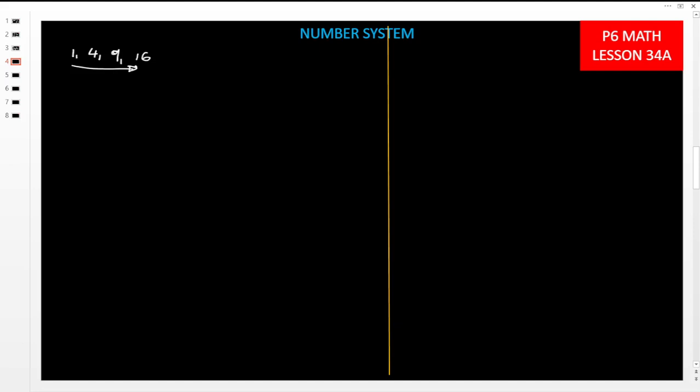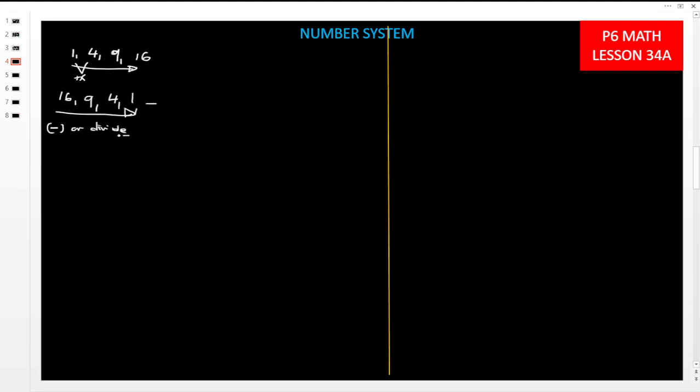Now when the series is in ascending order, we either add or multiply. We can add something onto this one, or we can multiply to get the next number. But again, they can give us a sequence going from 16 to 9, to 4, to 1. Now here, when it is reducing, we can either subtract or divide.